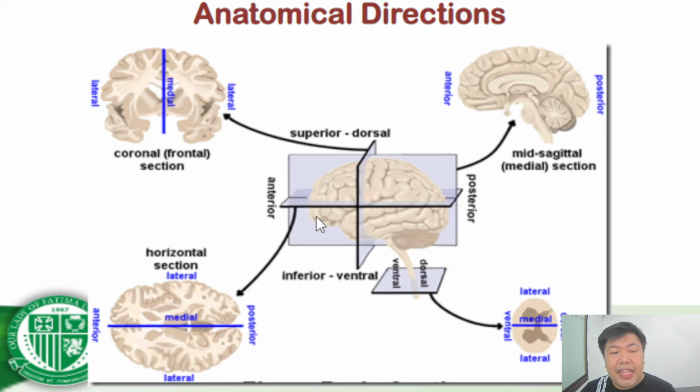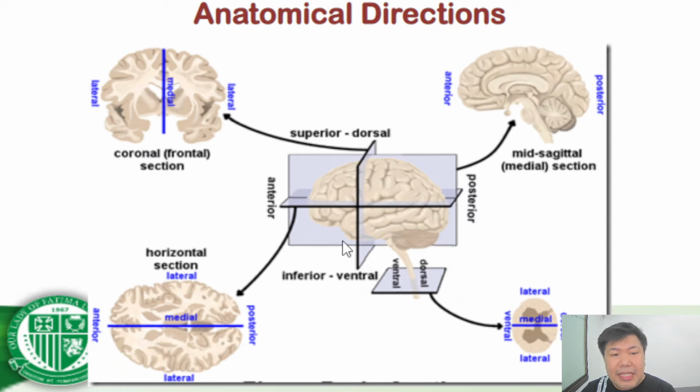So, even if it is below, it can also be described as ventral because that is the belly of the brain. When we talk about naman the brainstem, the belly of the brainstem is in front. So, it's right here, the ventral aspect. When we say dorsal, it literally means on the back side.